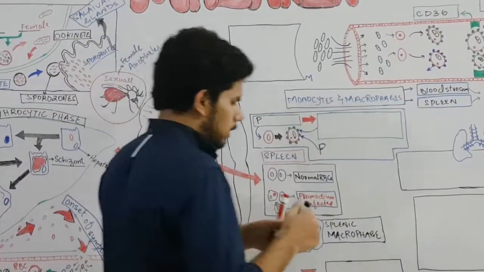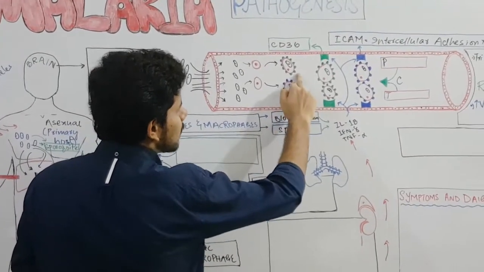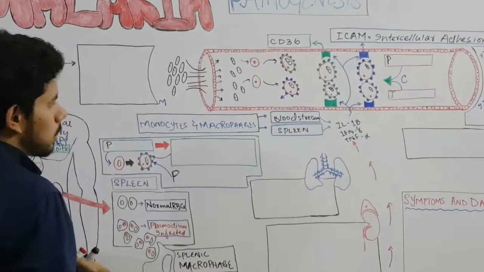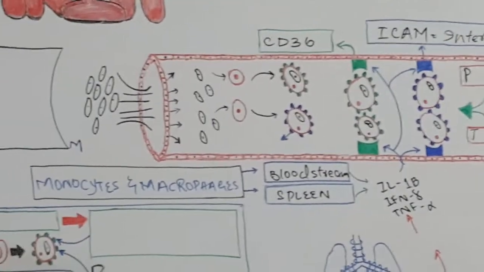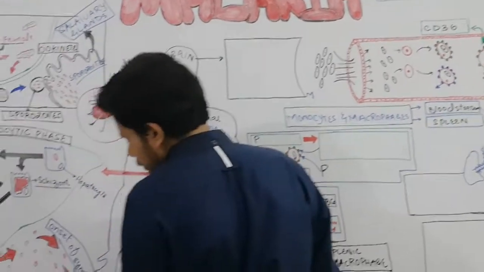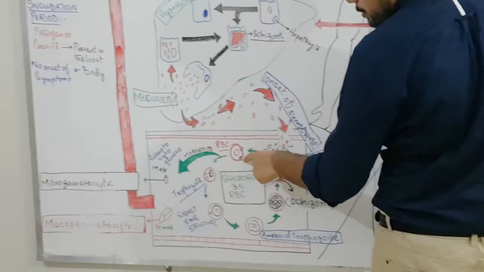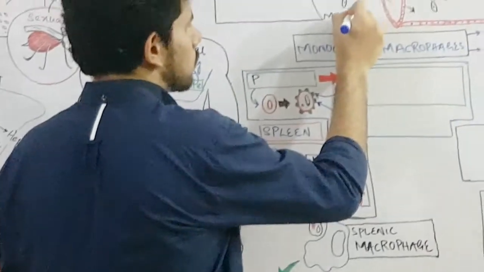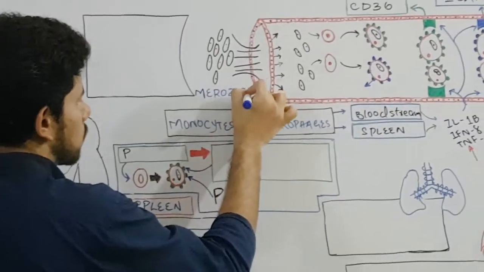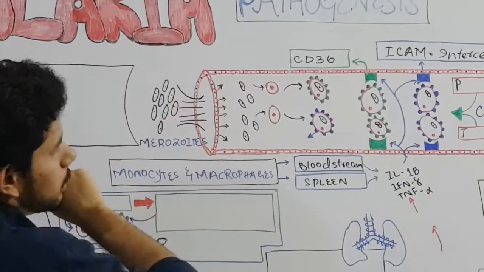So come back here and see these. You are seeing these blue and green colored knobs. What are these? In the life cycle of malaria, I told you that when merozoites enter the bloodstream, they enter into the RBC. So here these merozoites enter the bloodstream and infect the RBCs.